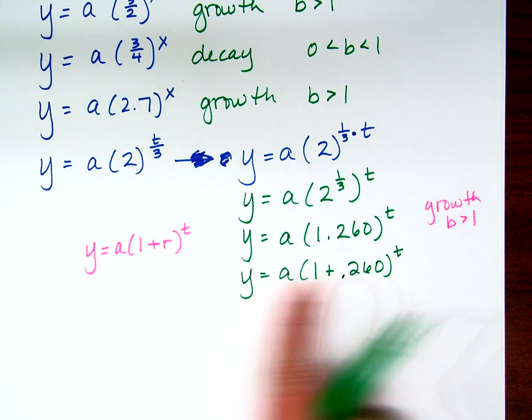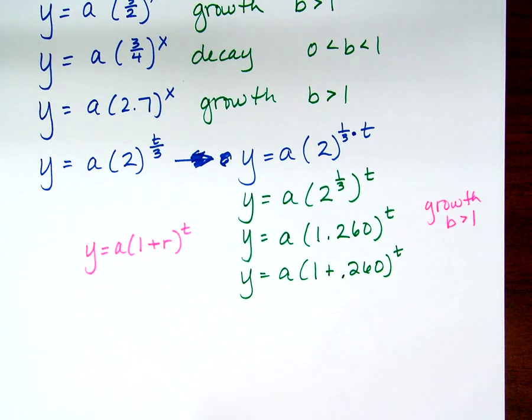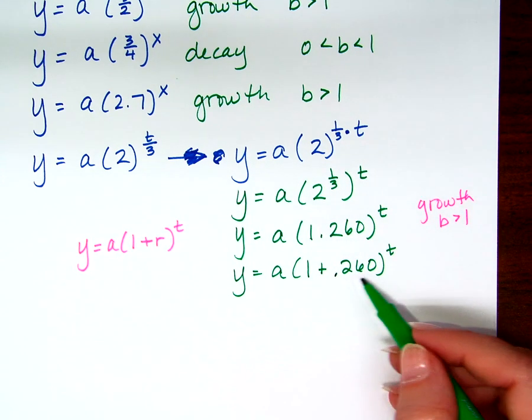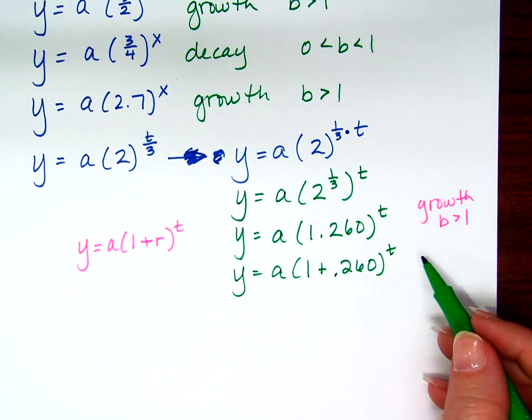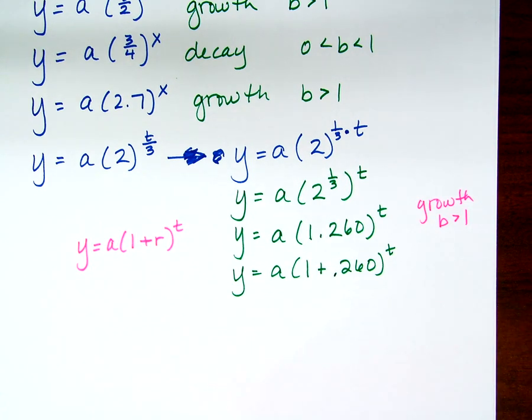Now that it's in this form right here, can you tell me the rate at which it's growing? How do you take this decimal and take it to a percent? So we multiply by 100, right? All day today people said we move the decimal place. Moving the decimal place is bad math. That's a trick.